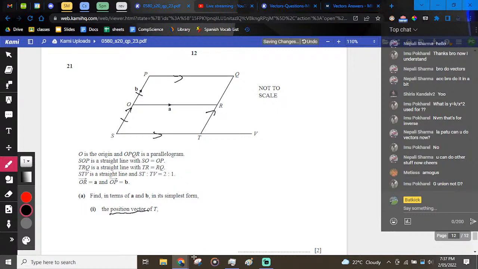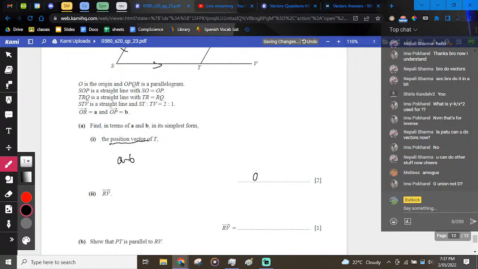Therefore, A minus B. We follow A and we go back in the direction of B, A minus B.